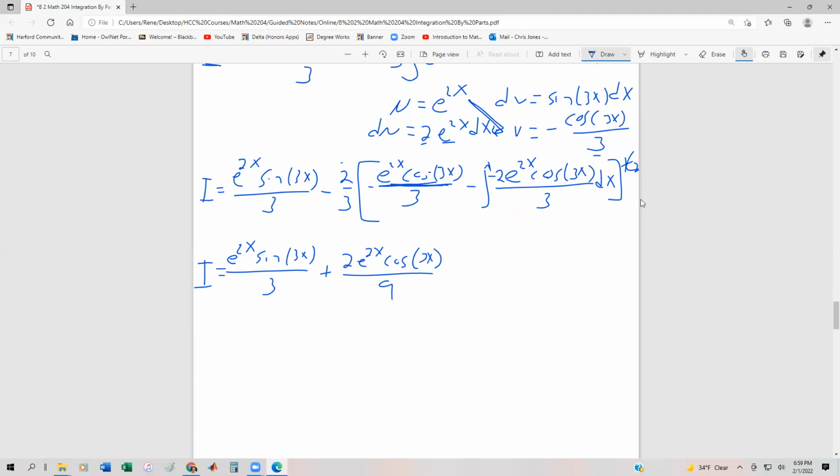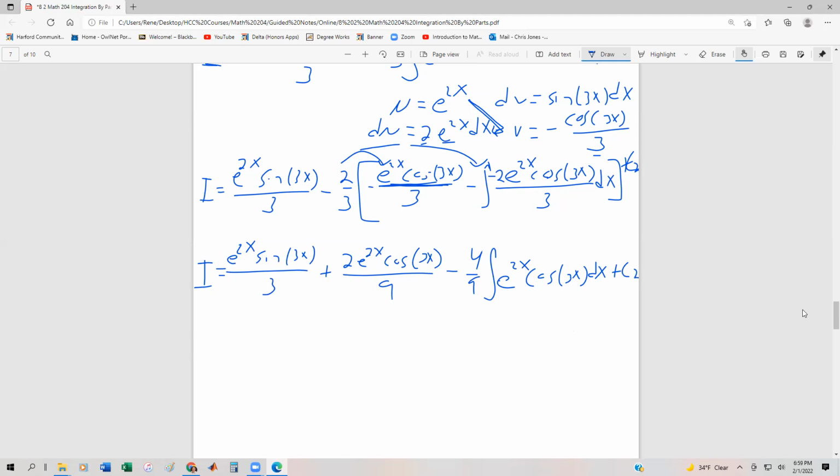So that's just this guy right here. We have a negative times a negative times a negative, and that's going to turn into a negative 4/9 integral e to the 2x cos 3x dx, and we still have plus c2. All right, so what are we going to do with this?